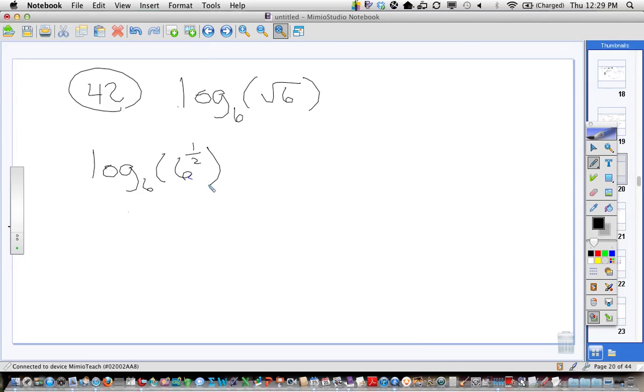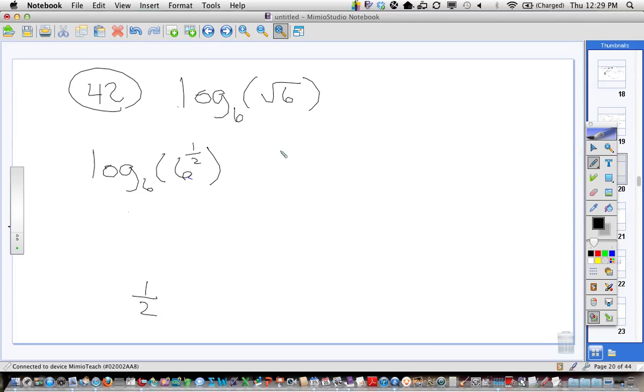So, all right, and so now what can we do with that? There's some kind of cancel. Yeah, basically, if you really understand logs, it's just 1/2. Because the base 6 inside and the base 6 of the log, it's like square and square root. They cancel each other out.